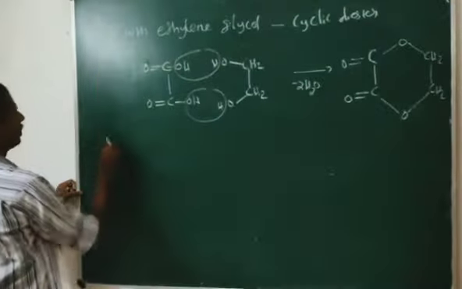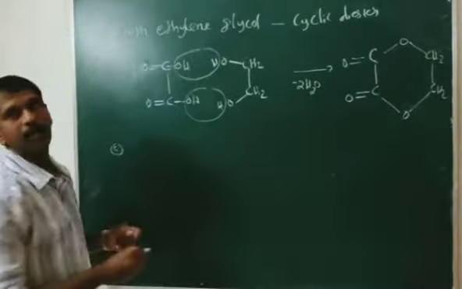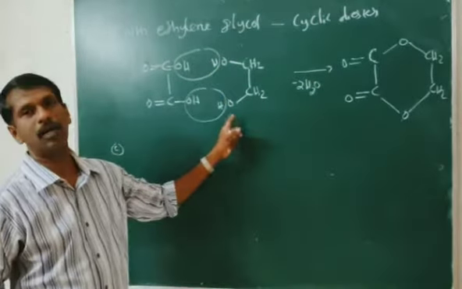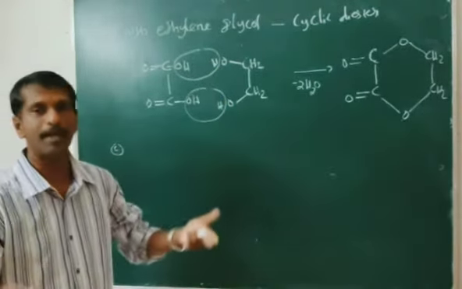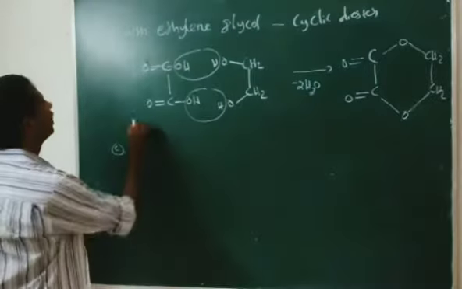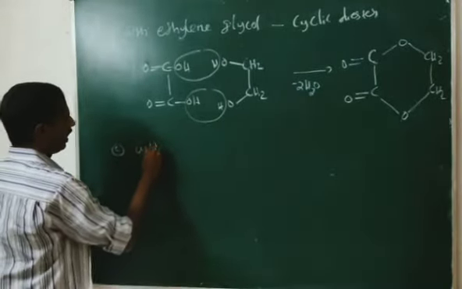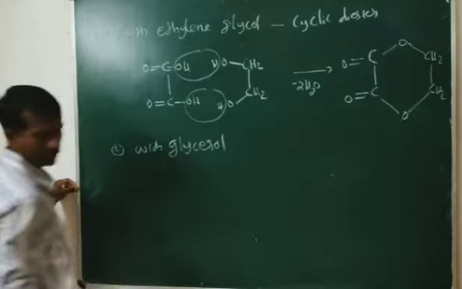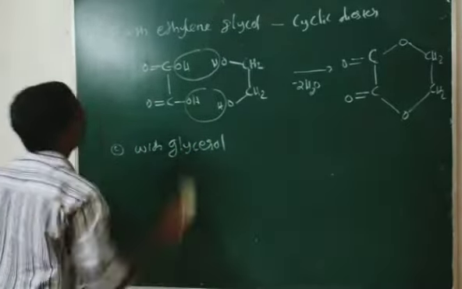Next: first ethanol, then second a dihydric alcohol, and third we are taking a trihydric alcohol, that means glycerol. So, reaction with glycerol. Look here at how it reacts with glycerol.